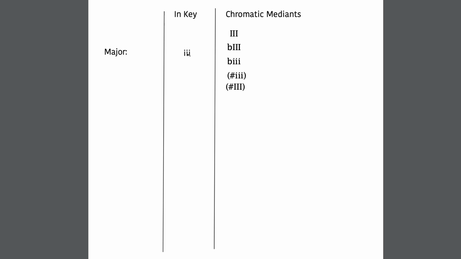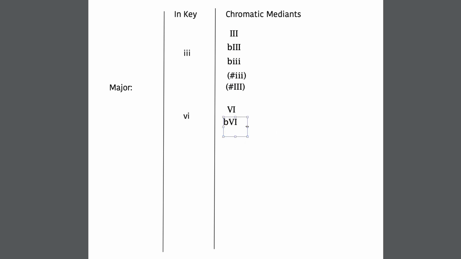Okay, now also we can do this same stuff with 6, right? So 6 is going to be minor in a major key. Let's do that. And now all of these still apply. So I could do major 6. I could do flat 6.